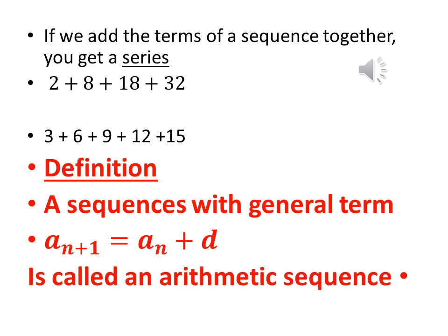We can make a rule to get the nth term of any sequence or any series. For a sequence with a general term, a(n+1) equals a(n) plus d. So the term n plus 1 is equal to the previous term a(n) plus d. d is the displacement.